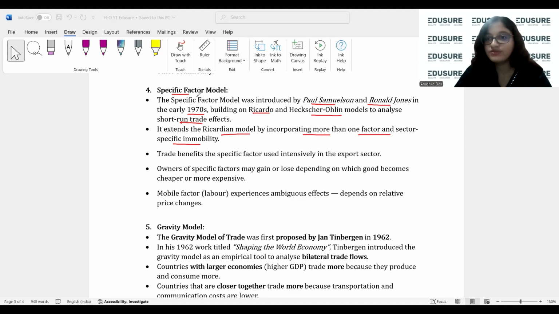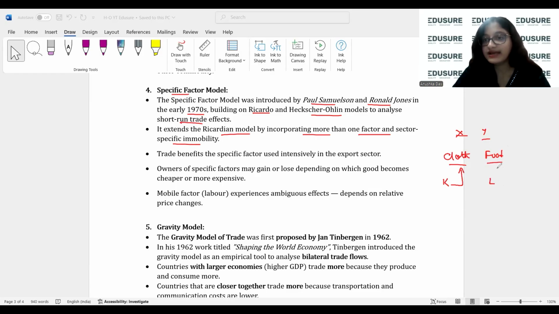So in the specific factor model, we usually take two goods but 3 factors of production. Suppose one good is cloth and one good is food. So suppose X is cloth and Y is food. Now we say, suppose capital is the factor which is specific to the production of cloth. You cannot use capital to produce food.